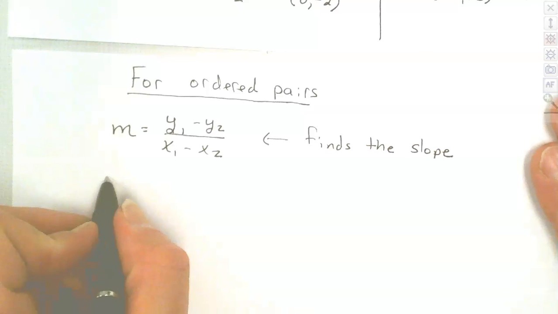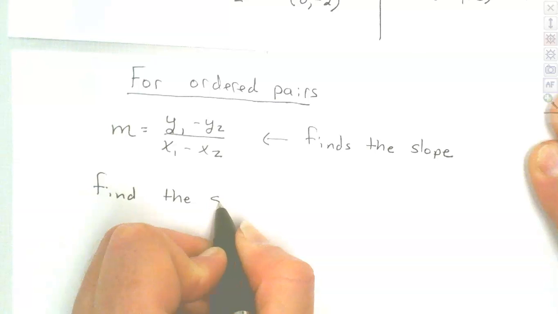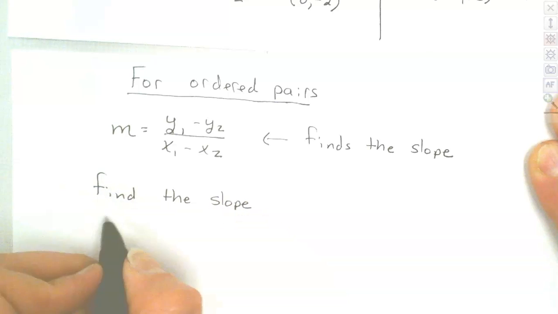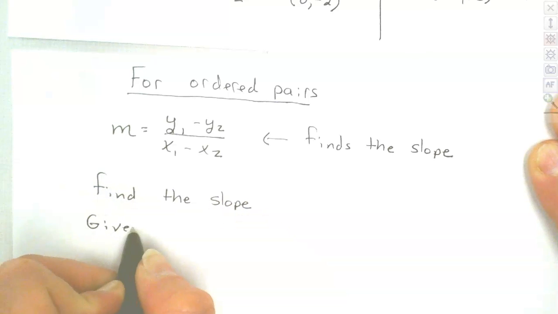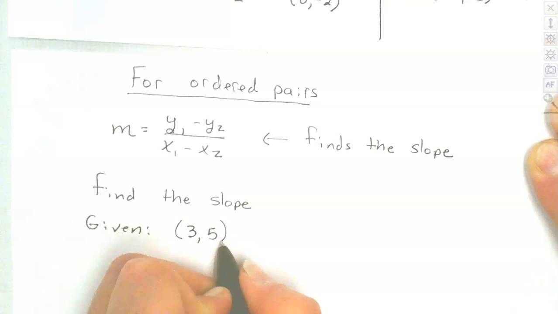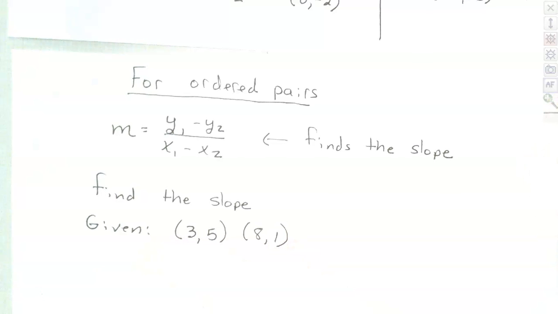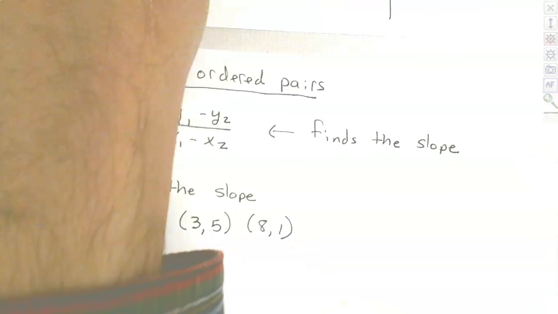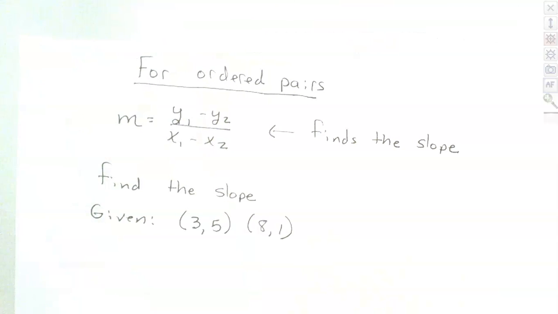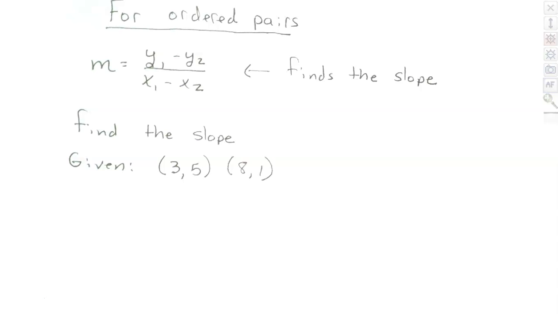So let's go ahead and find the slope here. You're going to be given two ordered pairs. So let's say you're given (3, 5) and (8, 1). And I want you to find that slope. I'm sure you've done this in previous courses before.